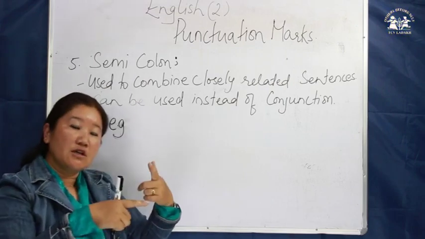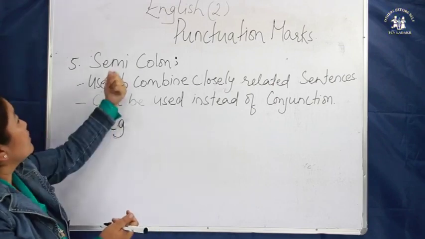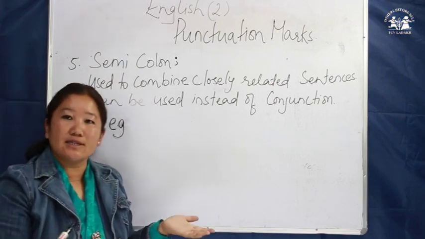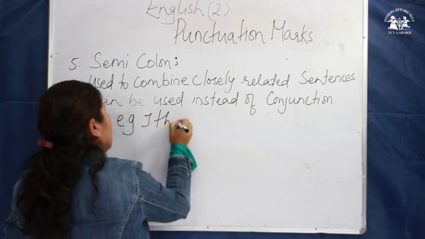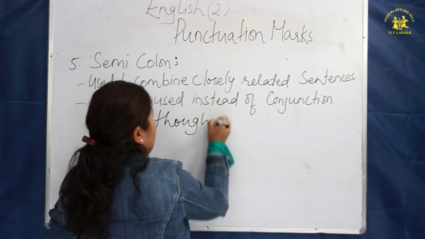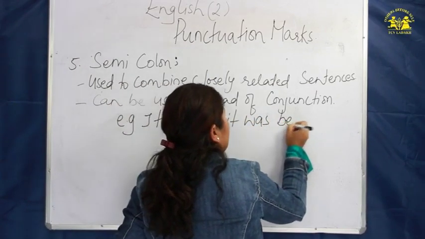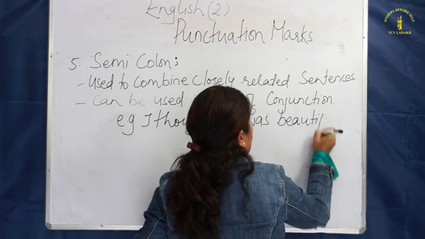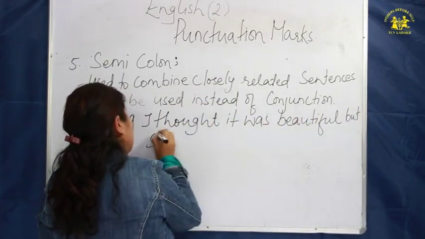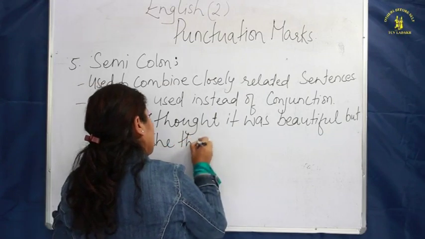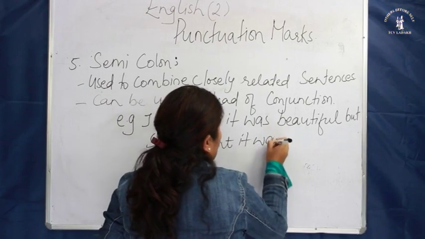But without a conjunction as well, we can use a semicolon. Example: I thought it was beautiful, but she thought it was ugly.